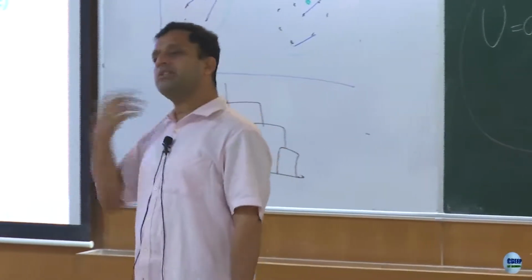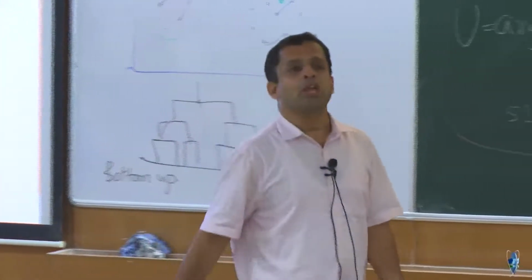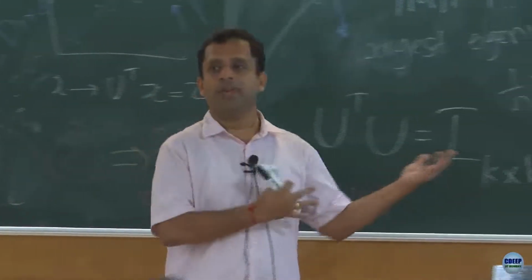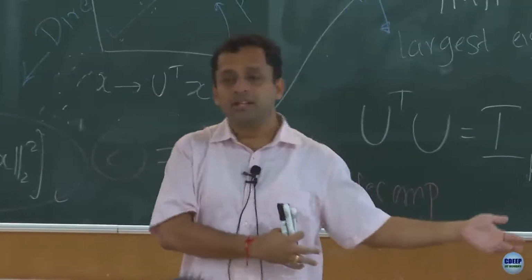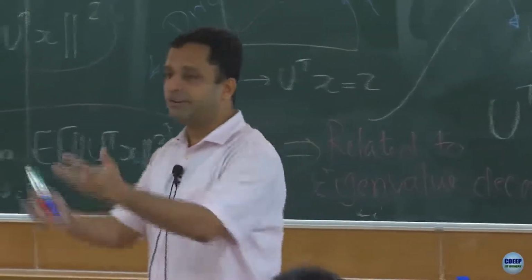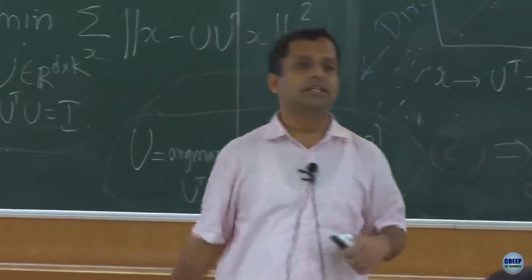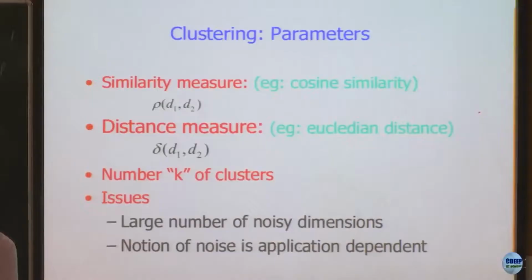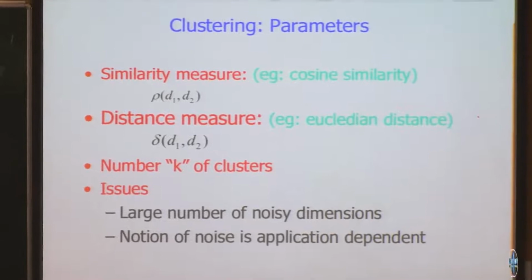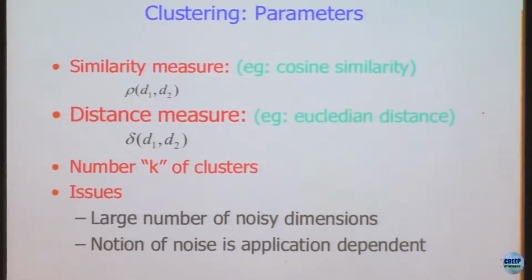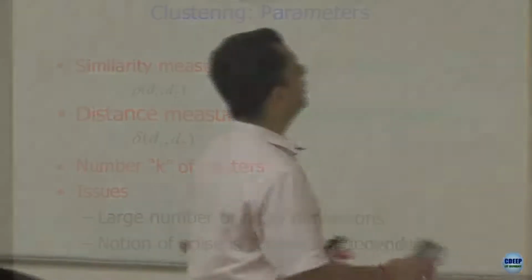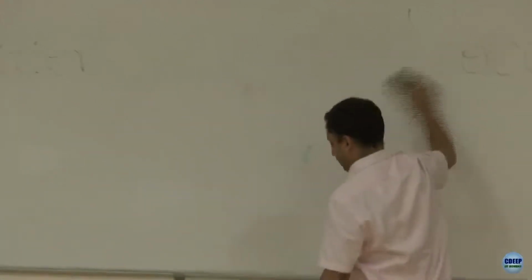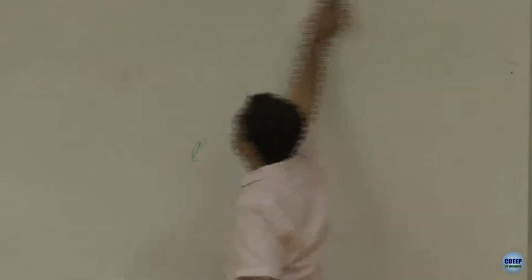And the notion of noise is also application dependent, context dependent. Kernel could be a Linux kernel, it could also be our favorite kernel, right? A machine learning kernel. Now the notion is also context dependent. Clustering gives you a different way of viewing unannotated data or data in an unsupervised setting.